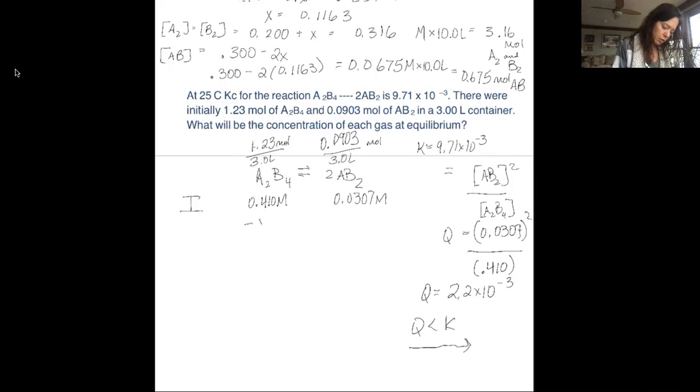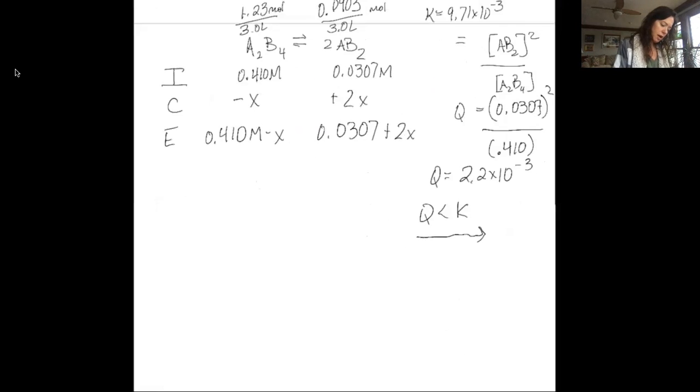So I know I will lose this and I will gain this. And at equilibrium, it'll be 0.410 concentration minus X, and this will be 0.0307 concentration plus 2X. Let's look at how this goes.